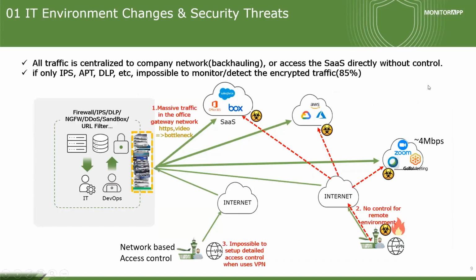So here is the simple diagram of the current IT environment issue. Firstly, there is massive traffic in the office gateway network, and due to the traffic change from plain text to encrypted, lots of resources are required to decrypt the encrypted traffic.